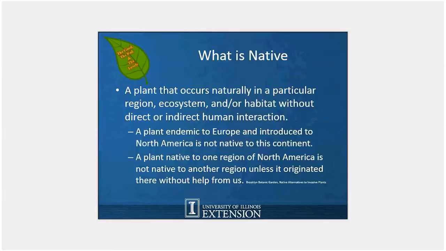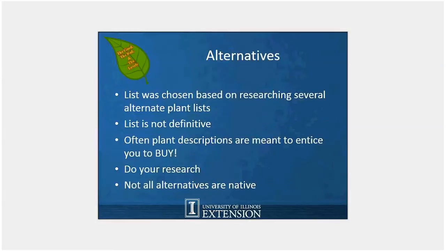A plant endemic to Europe and introduced to North America is not native to this continent, and a plant native to one region of North America is not native to another region unless it originated there without help from us. So that's just kind of a little review of what we talked about last week to get us thinking about plants of concern, invasives, and what the alternatives are.